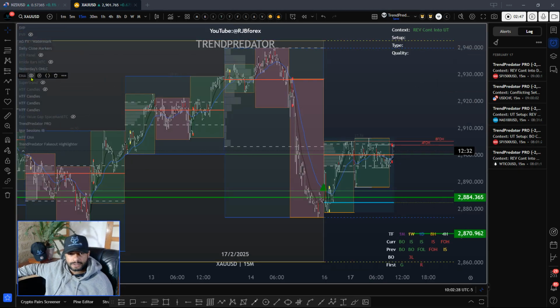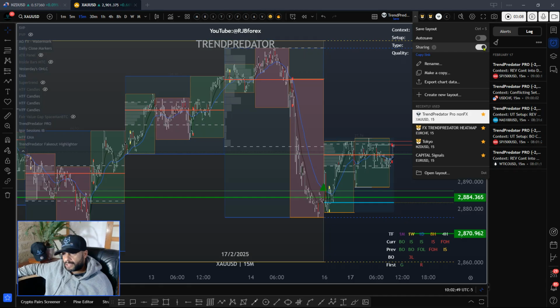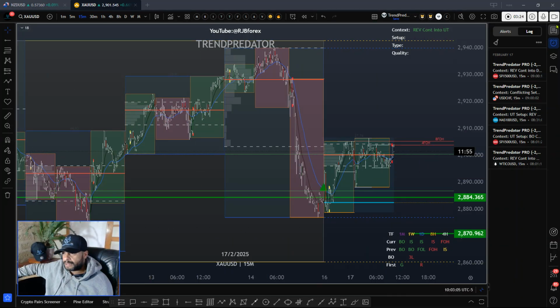These are the indicators that I use. Screenshot those. There's plenty of education around those in various videos within my channel, both on Discord and in YouTube. But reach out to me. I can just give you a copy of my chart. That's how I've got it all set up. I just make a copy link and send it over to you. And I'll stick it in the description of this video. I'll remind myself to do that at the end of this video.